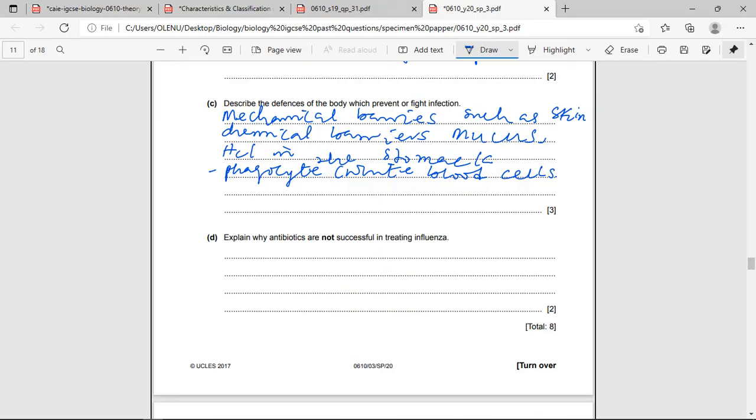Explain why antibiotics are not successful in treating influenza. Why? Because antibiotics are used to kill bacteria, not viruses. They are used to destroy the cell structure and function of bacteria.